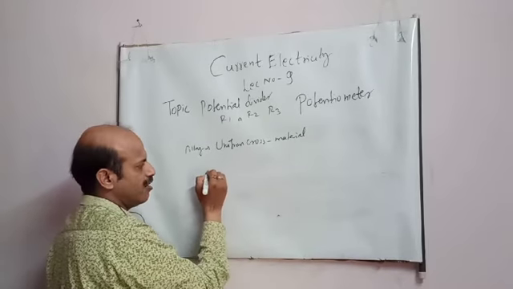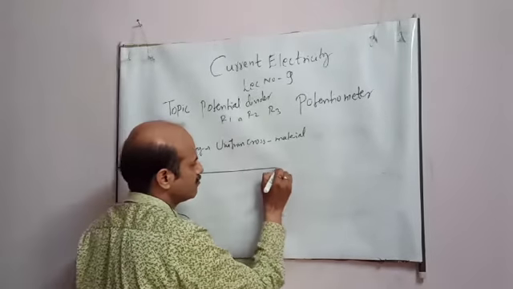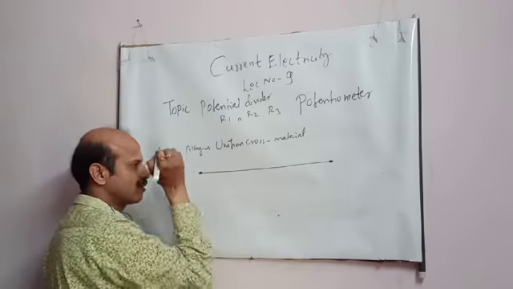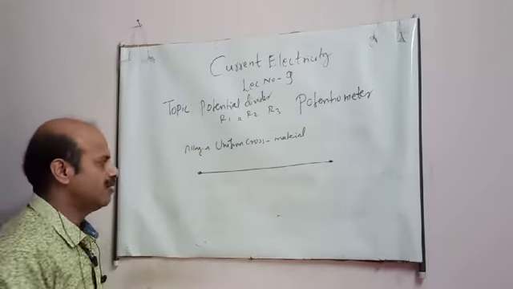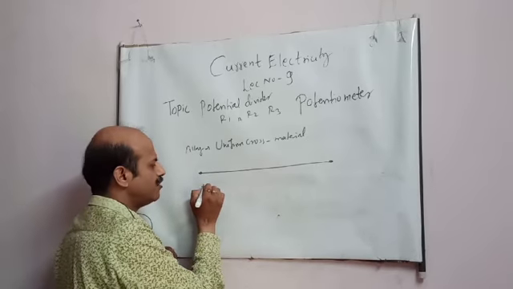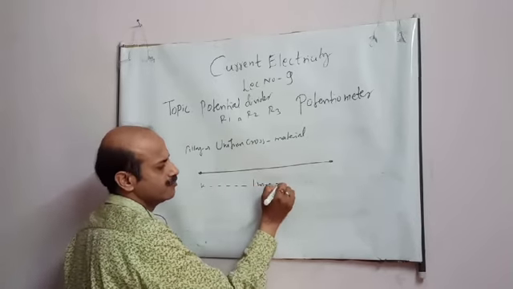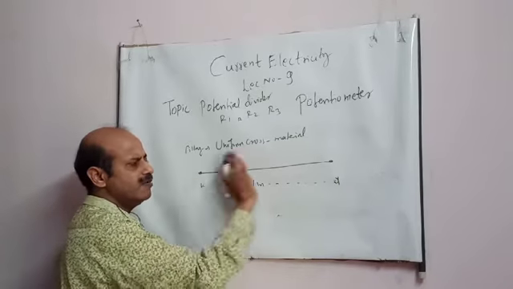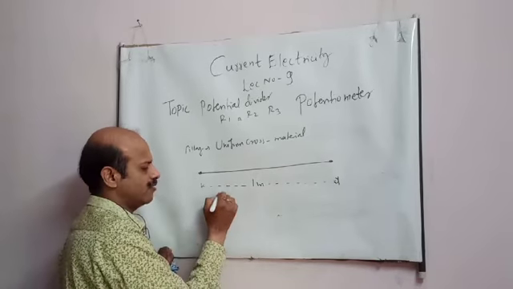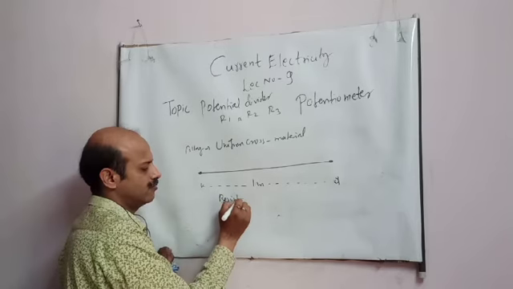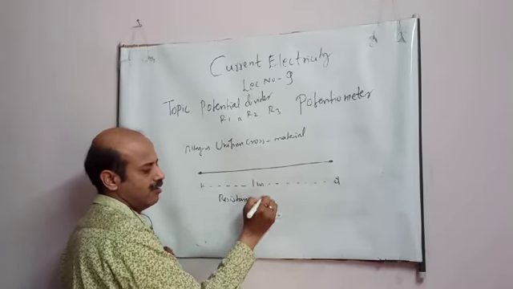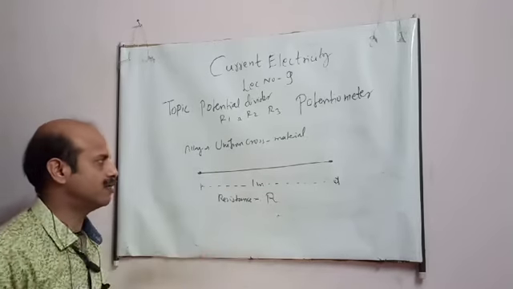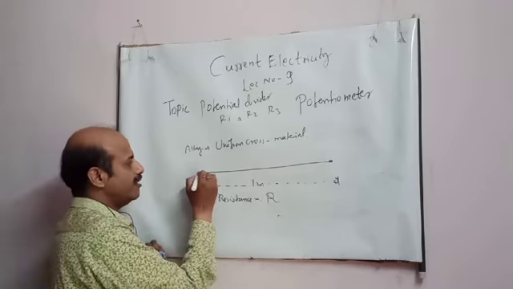See, this is that alloy wire, student. Say suppose I am taking the length of this wire to be 1 meter. And suppose I am assuming the resistance of this wire to be R. Total resistance R. Now student, I am connecting a battery here.